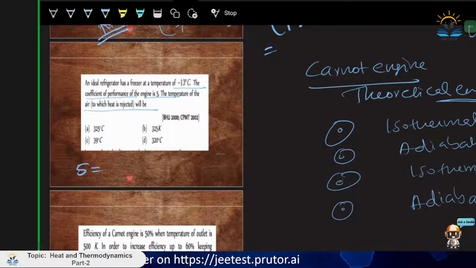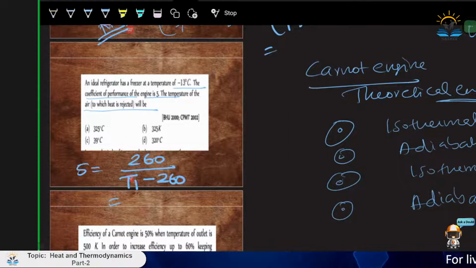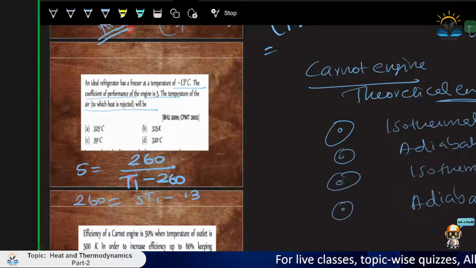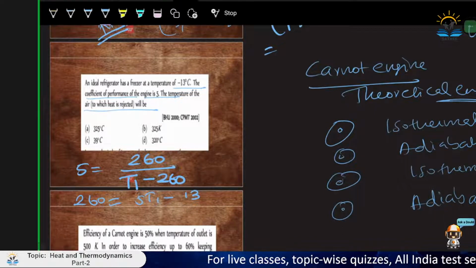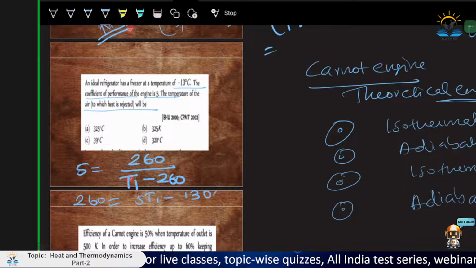273 minus 13, 260 divided by T1 minus T2. T1 we don't know, T2 we know. So 260 is equal to 5 T1 minus 5 into 260, 1300.